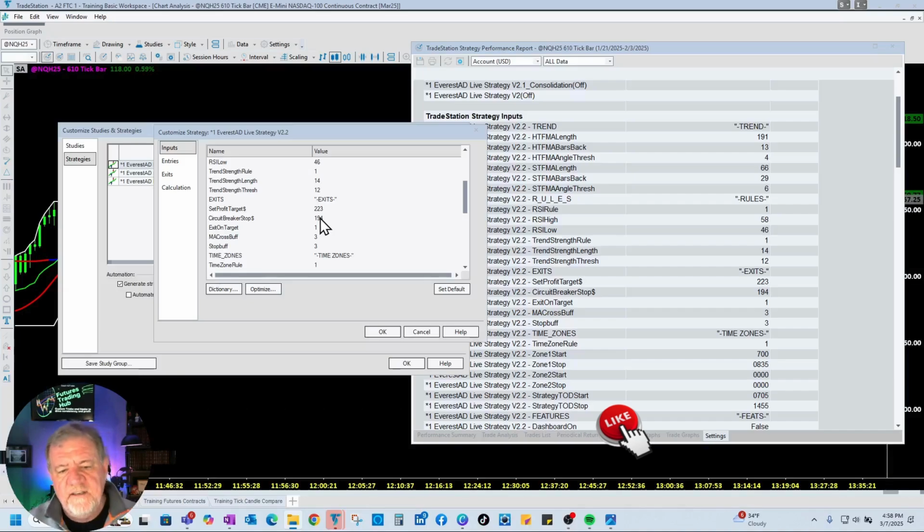So that says, if I ever am losing more than 194, negative $194 in profit, take me out of the trade. I'm done. And then the set profit target is, if I ever make $223, take me out of the trade. I'm done. And that comes from these areas.